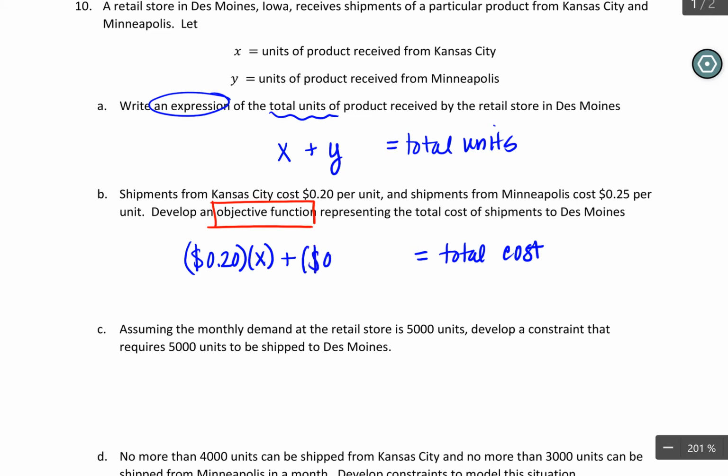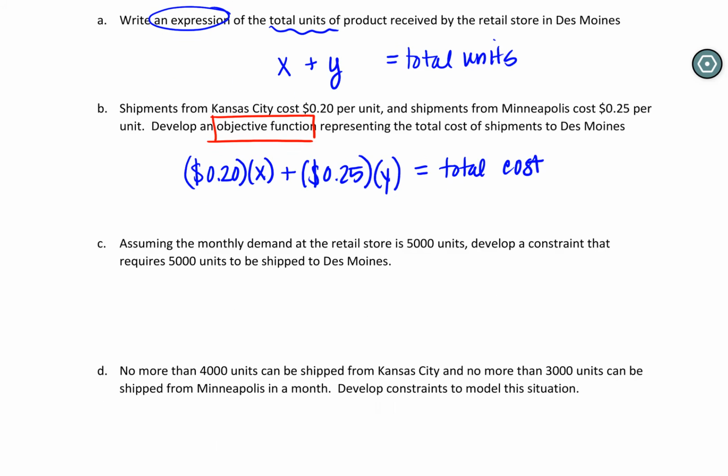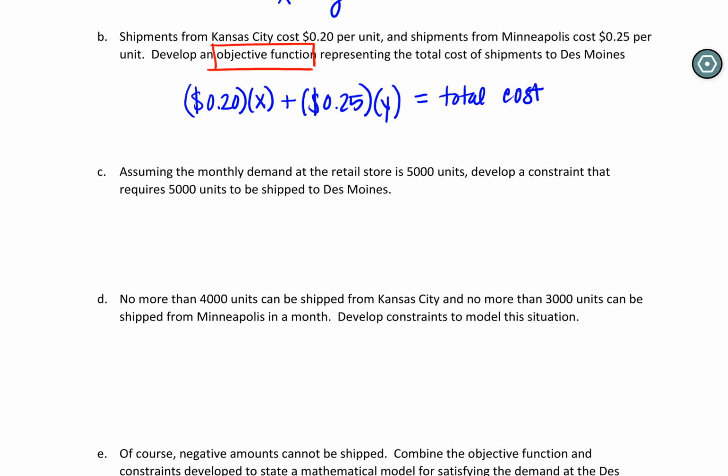Well, each unit from Minneapolis costs 25 cents, and we get y units from Minneapolis. So while we don't exactly know x and y yet, we can insert the variables, and we have developed our objective function.